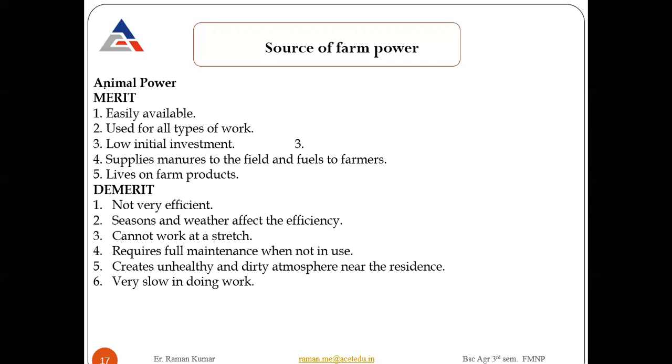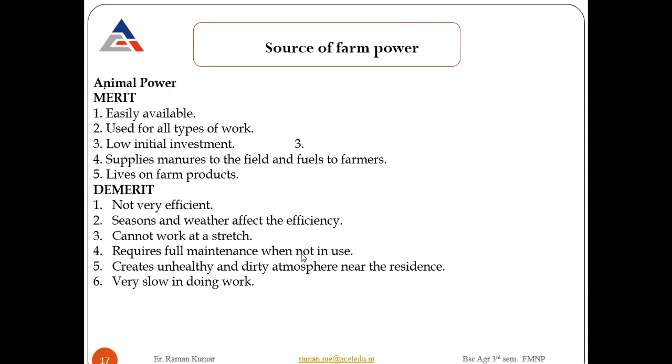Animal power is easily available. Number two, it is used for all types of work. Number three, low initial investment. It supplies manure to the field and fuel to the farmer. It lives only on farm product. What are the demerits of animal power?